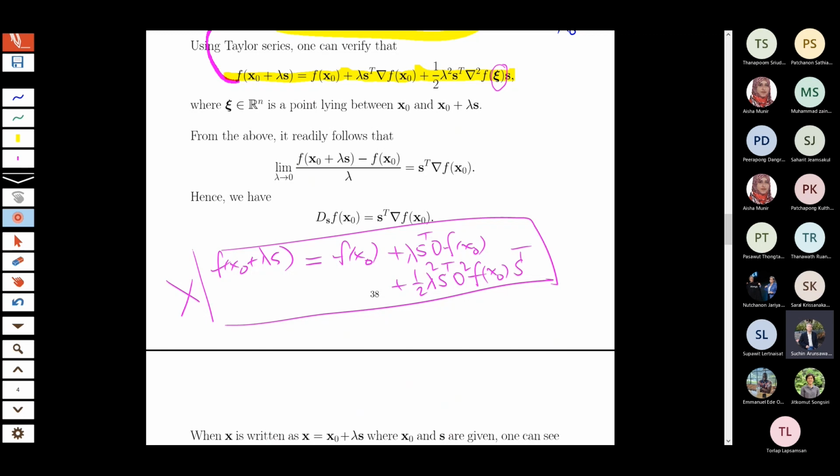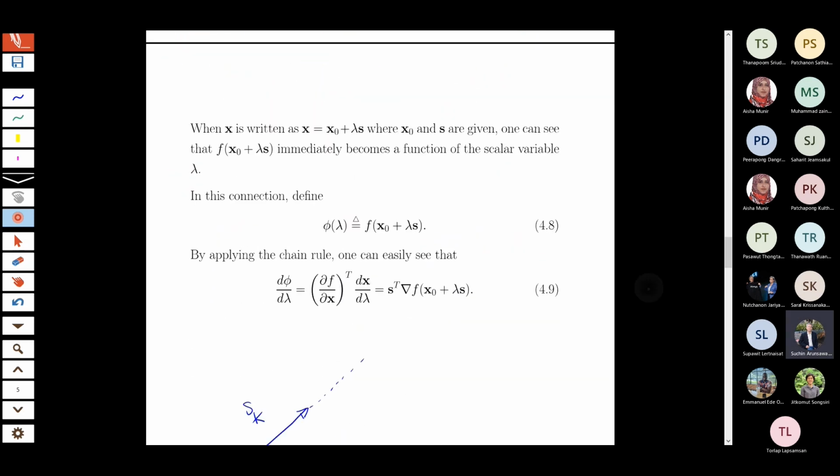From here we know that the directional derivative of the function f in the direction s at the point x naught is the dot product between the search direction s and the gradient of the function f at the point x naught. Okay, this is the first thing that we know here. But then, let's see this further.